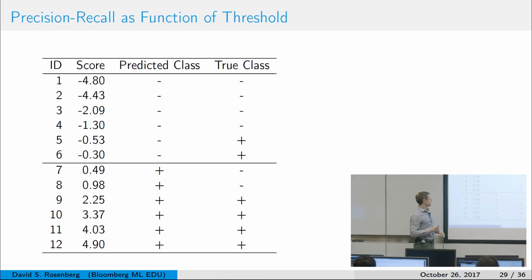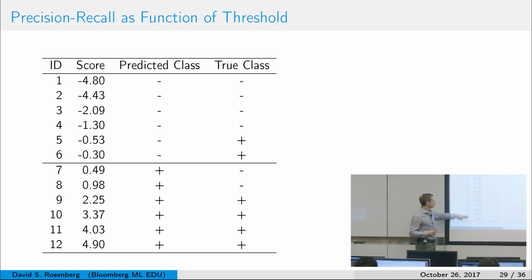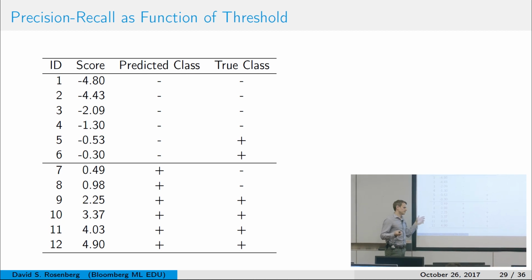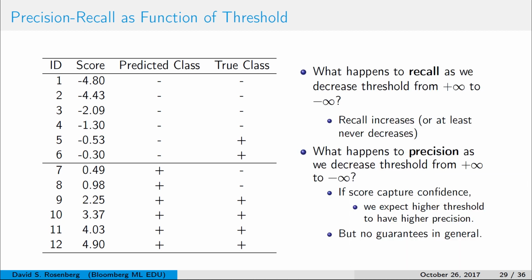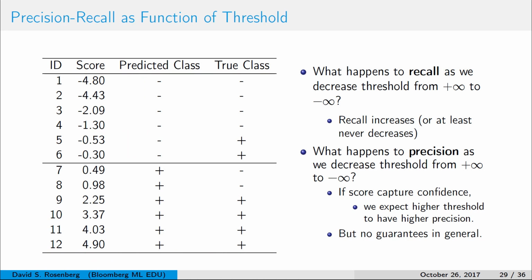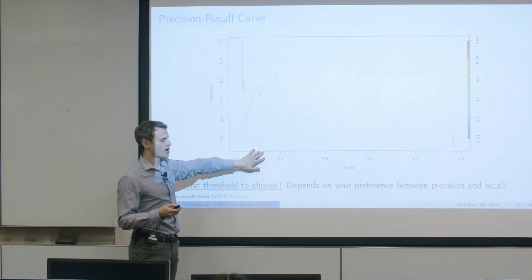The idea is that as you vary your threshold, you get a whole sequence of performance metrics. And you can plot those performance metrics, and that gives you various curves. So this, for instance, is a precision recall curve. As you vary the threshold, not on this data, but on some other data, you get different trade-offs between precision on the y-axis and recall on the x-axis.